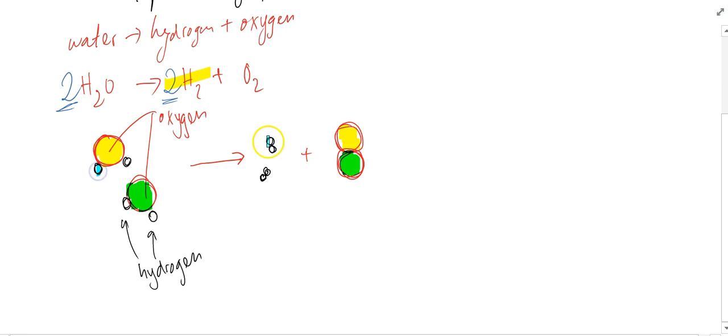It's really important that you understand that chemical reactions are all about these different atoms finding new partners, forming new bonds.